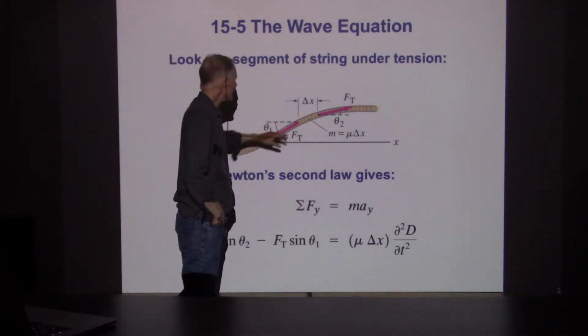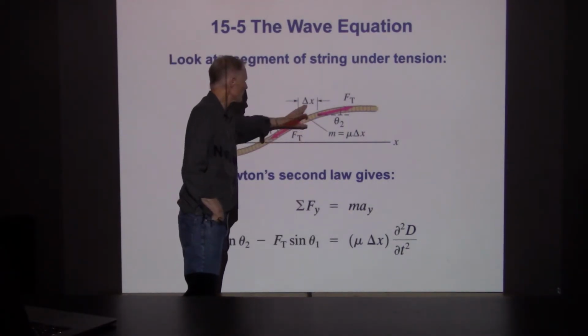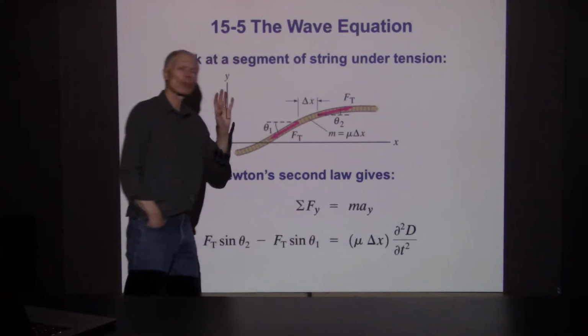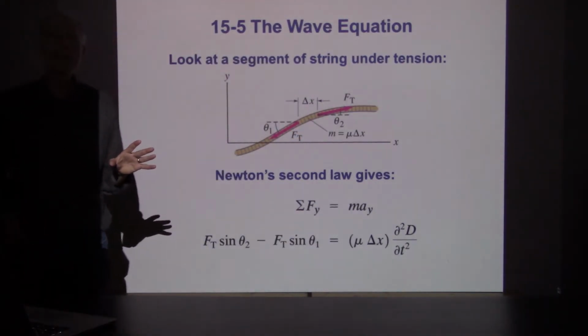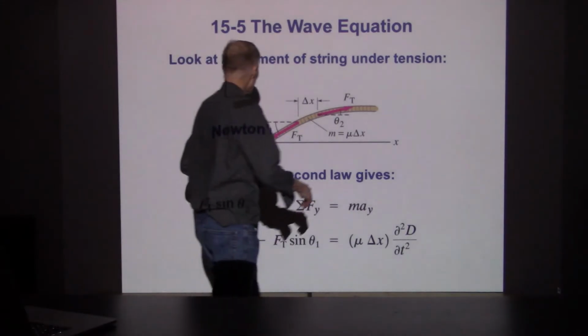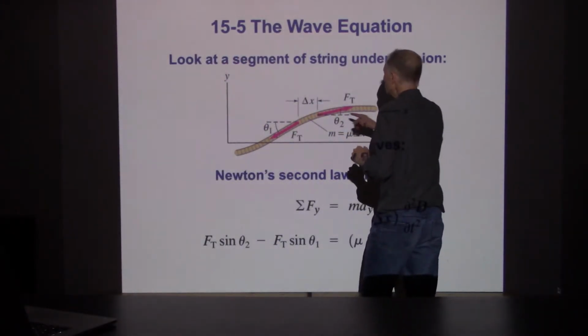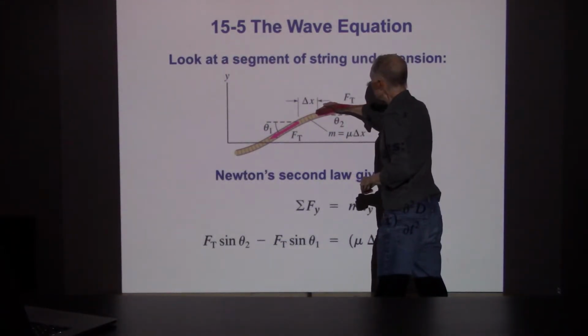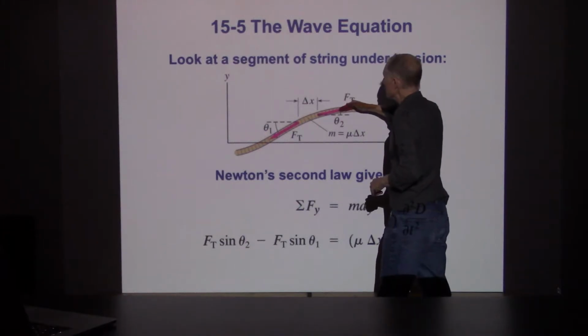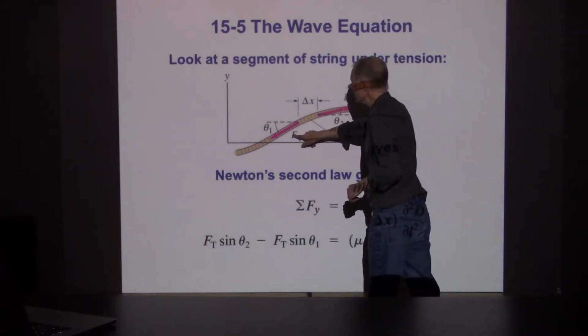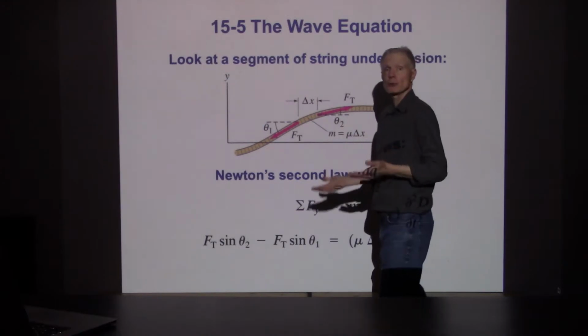What they're showing is that if I have a small part of a string, and there's a wave moving through this string right now, then there's a tension throughout the length of the string, but notice the tension here is not exactly opposite the tension here because the directions are different.